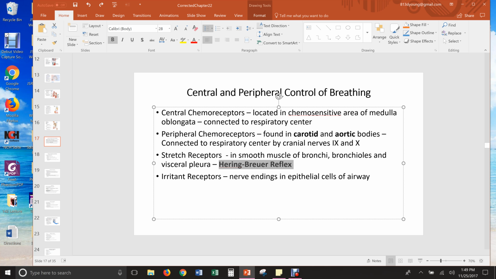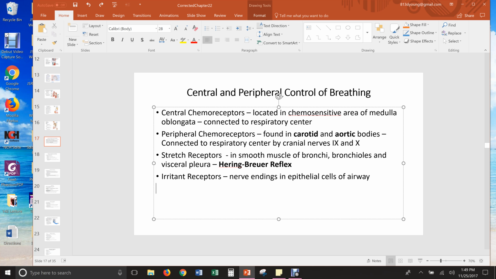So the stretch information gets sent to the brain, and this way we can breathe in, breathe out, and not overstretch that elasticity of the lungs.